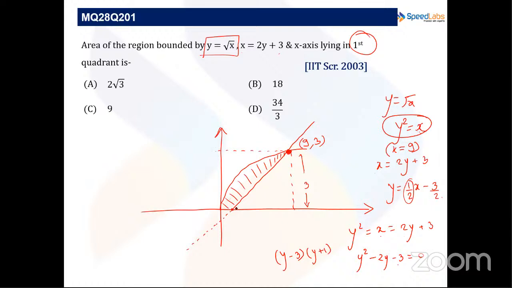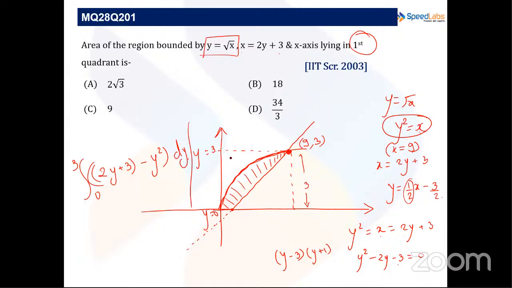If going for the y-axis, then from y equals to 0 to y equals to 3, we are integrating this value. If we will be finding this area and this area, so it will be line 2y plus 3 minus this curve, and its value is x equals to y square, dy.